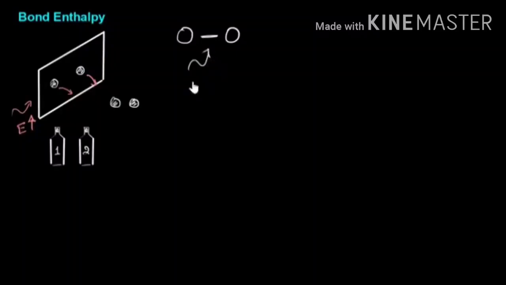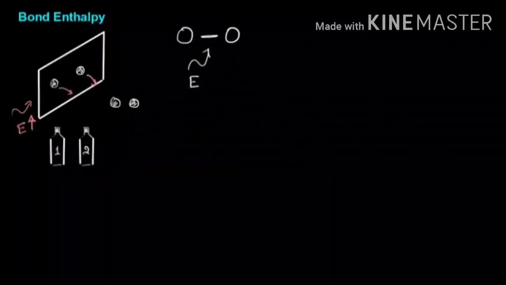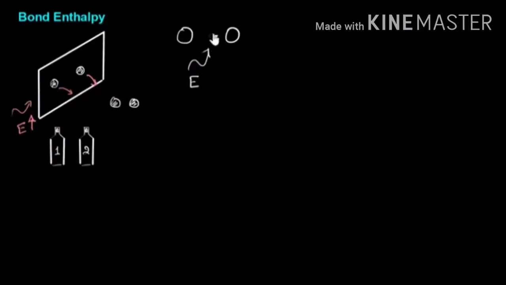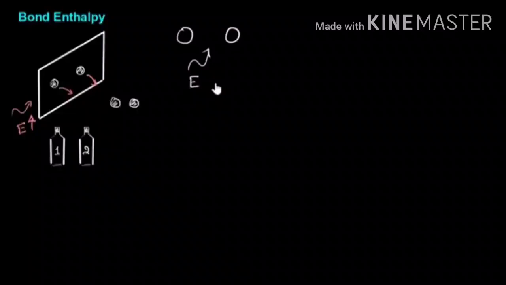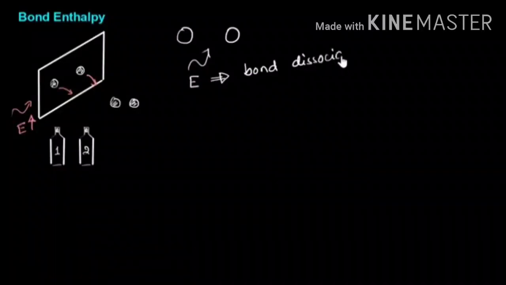After the bond angle, the next parameter is bond enthalpy. A chemical bond is defined as the force of attraction between two elements. So, whenever we want to dissociate any compound or any molecule, we have to supply some energy from outside.